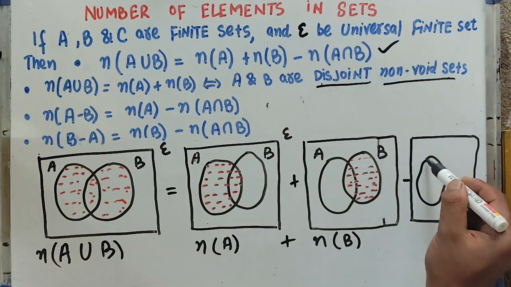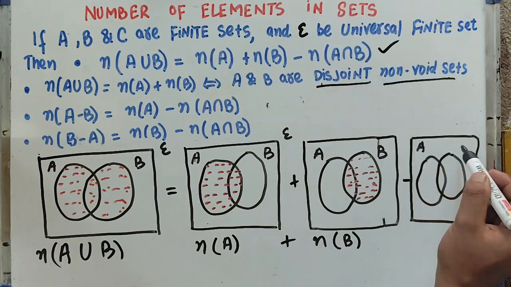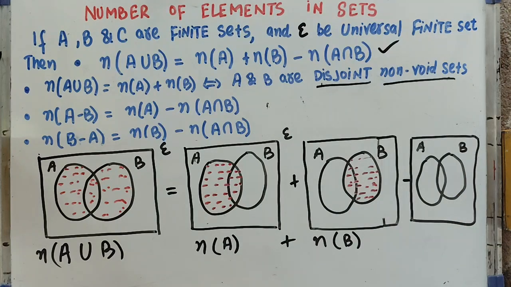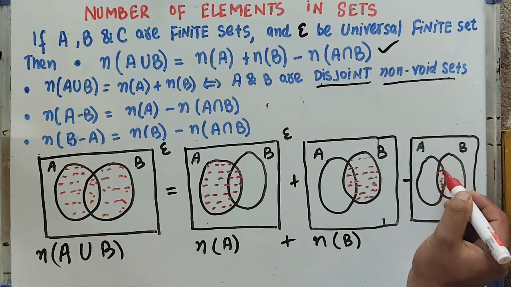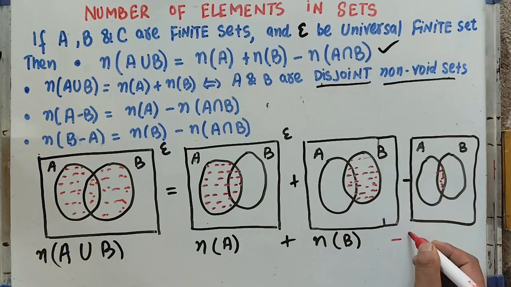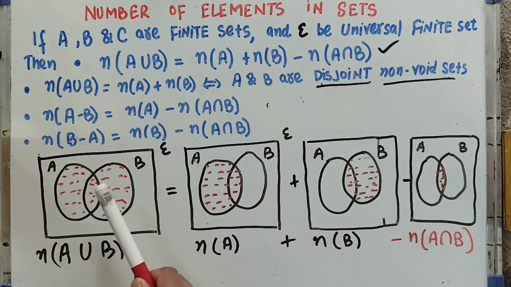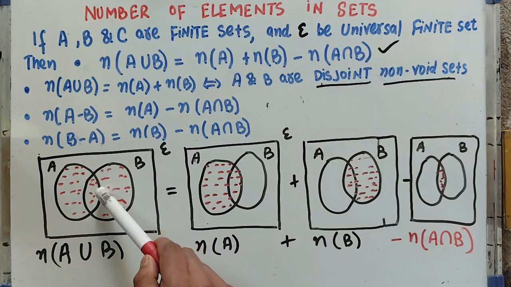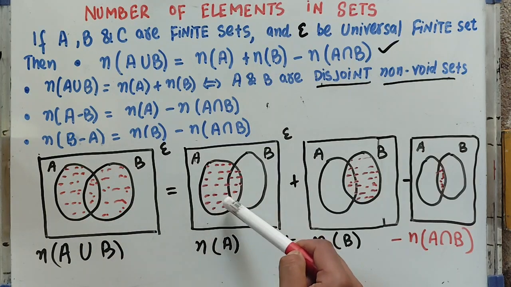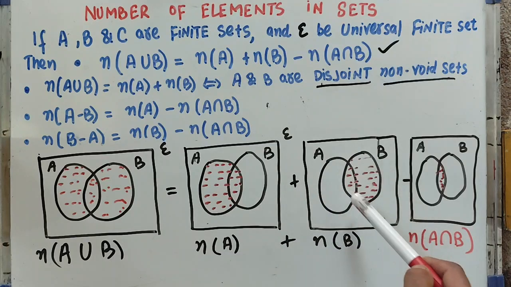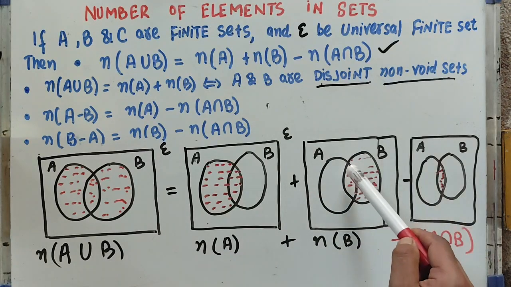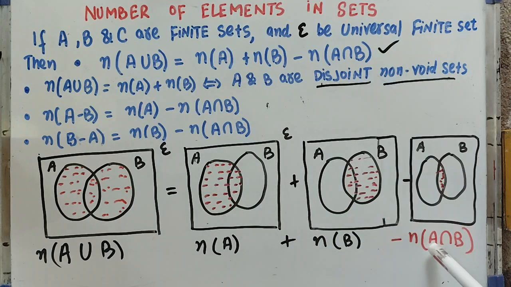So we have set A, set B, this is set A and set B. We subtract this very region from this, then we will get the number of elements in A intersection B. So we can now see the number of elements in A union B, this very shaded region, will be equal to the number of elements in set A plus the number of elements in set B minus the common region between A and B, that is A intersection B. Okay, this is the first one.